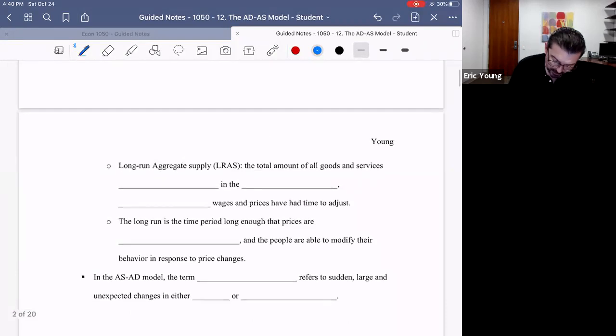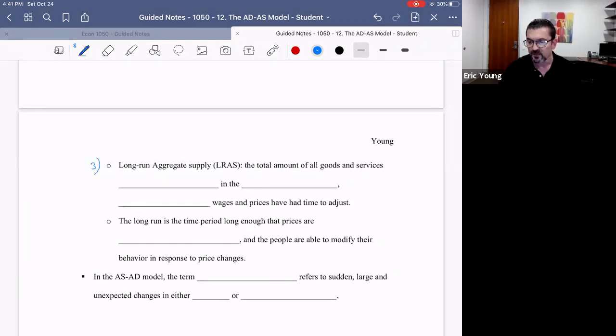The third component of this model is long run aggregate supply. So we're still talking about AS, aggregate supply, but this is long run aggregate supply, and they're treated separately, okay? So we're going to have three components, the AD, the SRAS, and the LRAS.